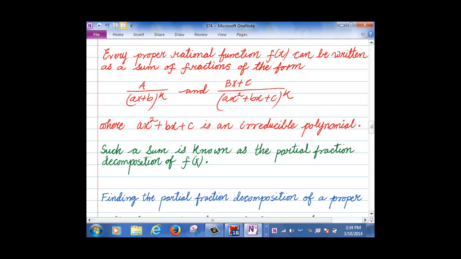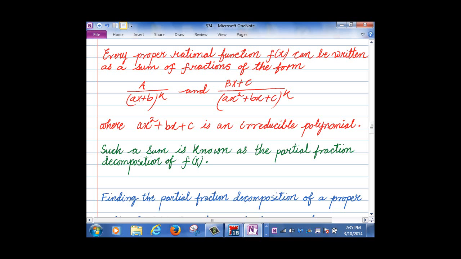So all I need to do is figure out techniques for integrating proper fractions, right? This statement in red is the fact that you have to remember. It is the key to integrate proper fractions.